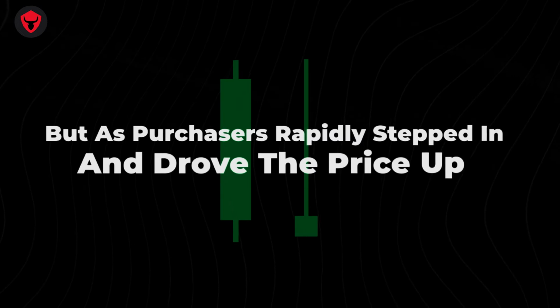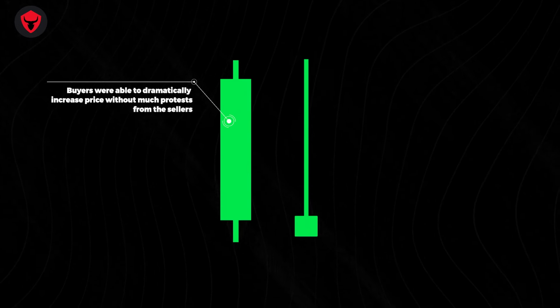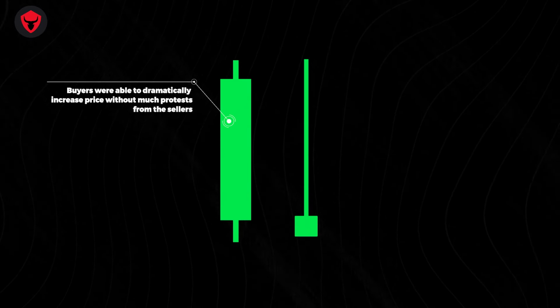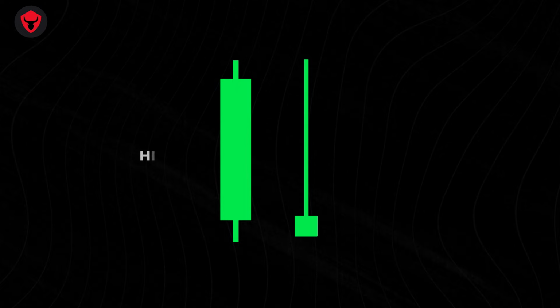But as purchasers rapidly stepped in and drove the price up, the buyers were able to dramatically increase the price without much protest from the sellers. As a result, the price finished quite close to the high, indicating that the buyers outperformed the sellers during this candle.